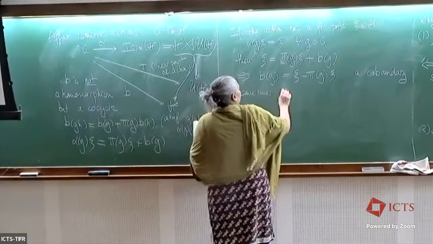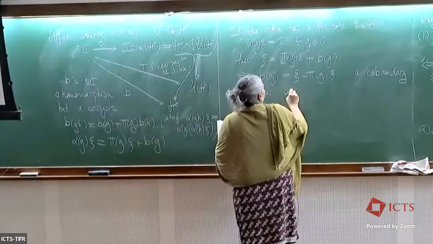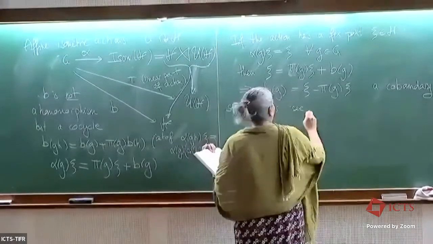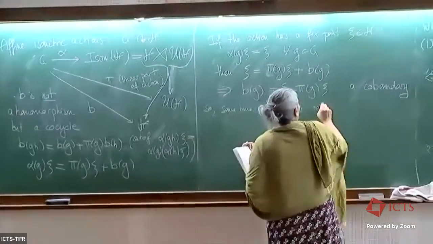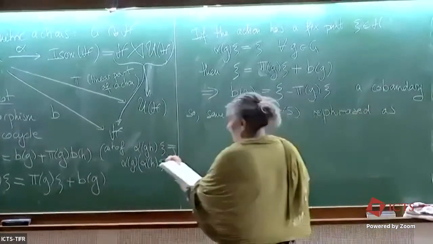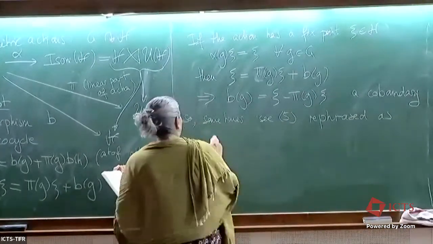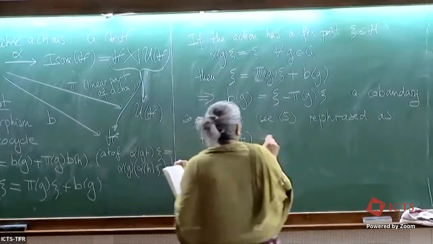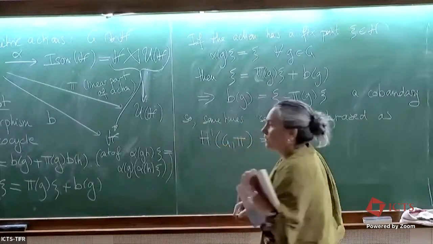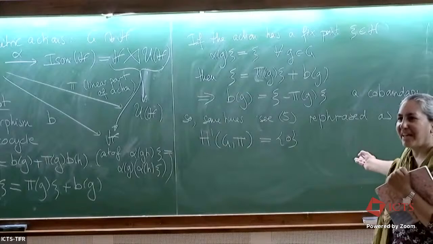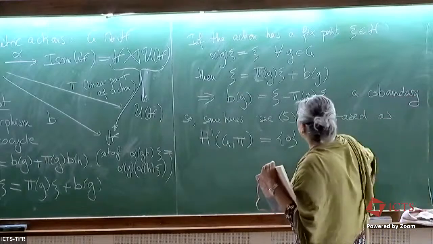Sometimes you see this rephrased as H1 of G, pi is equal to 0. So this is exactly saying that any affine isometric action has a fixed point.